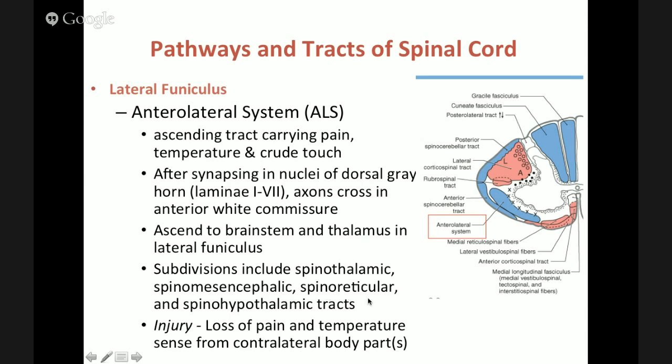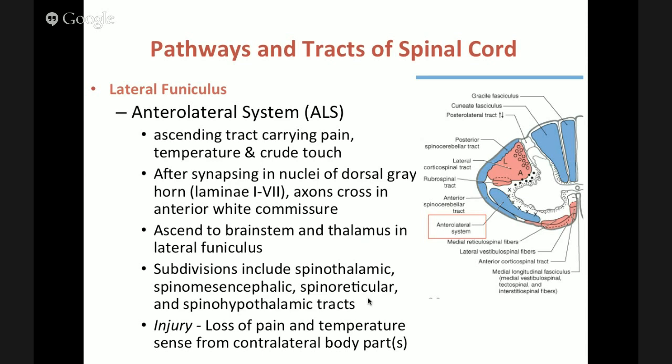As the anterolateral system is ascending, there are branches leaving that tract to terminate on reticular neurons. Once the tract gets to the midbrain, there are spinomesencephalic axons, which exit the anterolateral system and terminate in different regions of the midbrain.